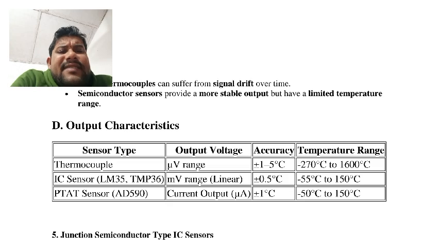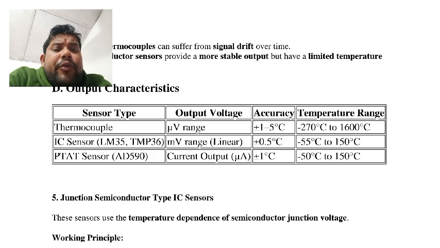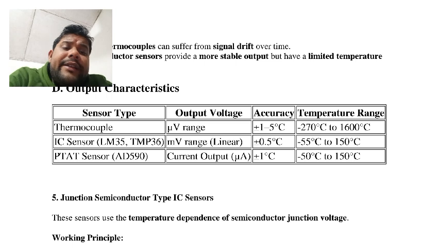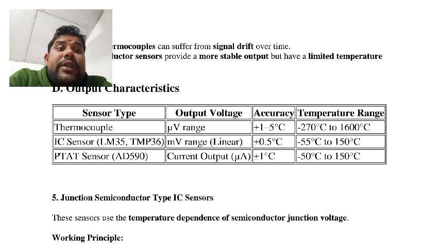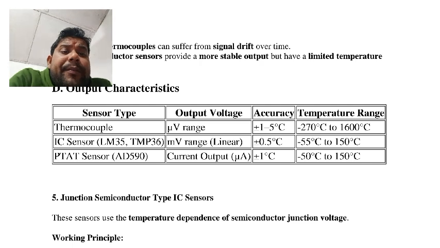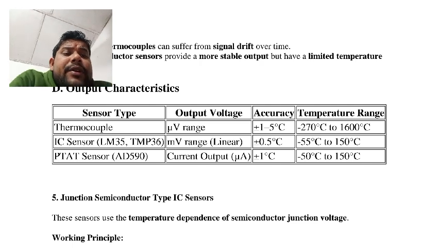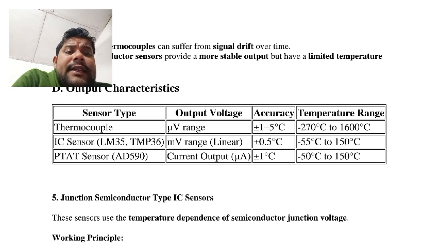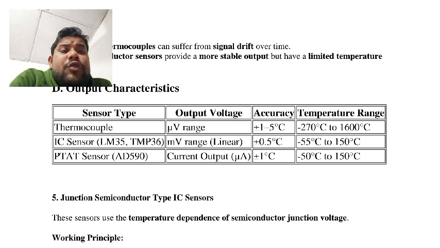We can compare like this. The thermocouple voltage range is in microvolts. ICs like the LM35 or TMP36 are linear and have a voltage range in millivolts. The AD590 gives a current output in microamperes, because its current is proportional to absolute temperature. The accuracy is plus or minus 1 to 5 degrees; for the LM35 it is plus or minus 1 degree, so the LM35 is the most accurate because its error is minimum.